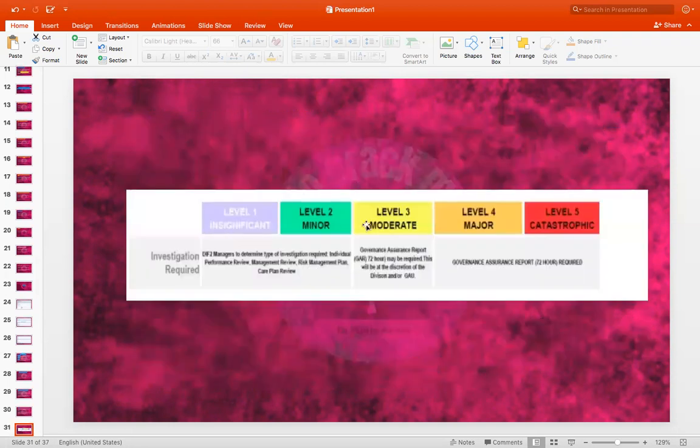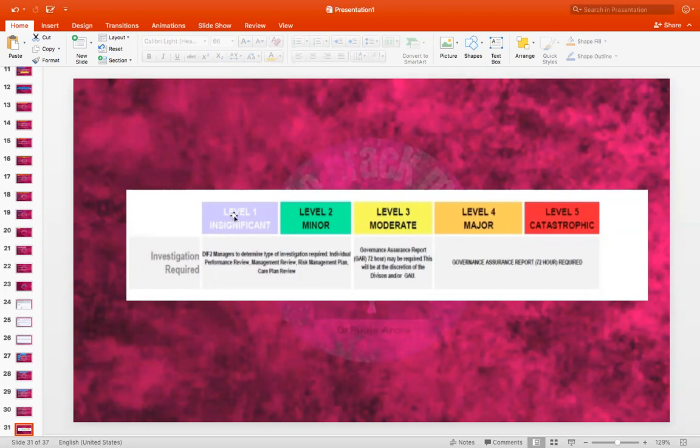And these are the levels. Level 1, insignificant. Level 2, minor. Level 3, moderate. Level 4, major. Level 5, catastrophic. So this is severe, this is moderate, this is mild. Right, so this is taken care of by, as you can see, it is difficult to read, but you can see individual performance review.